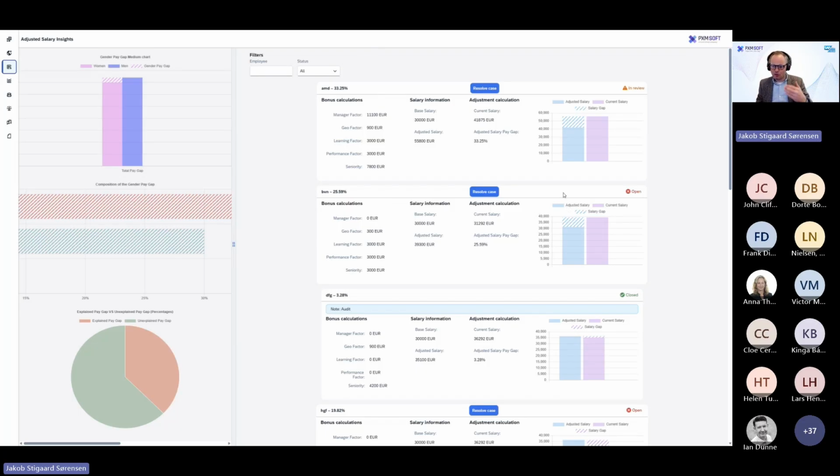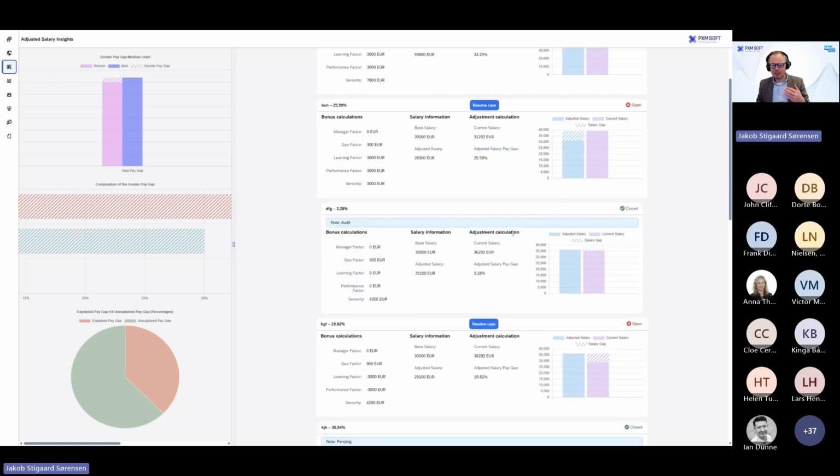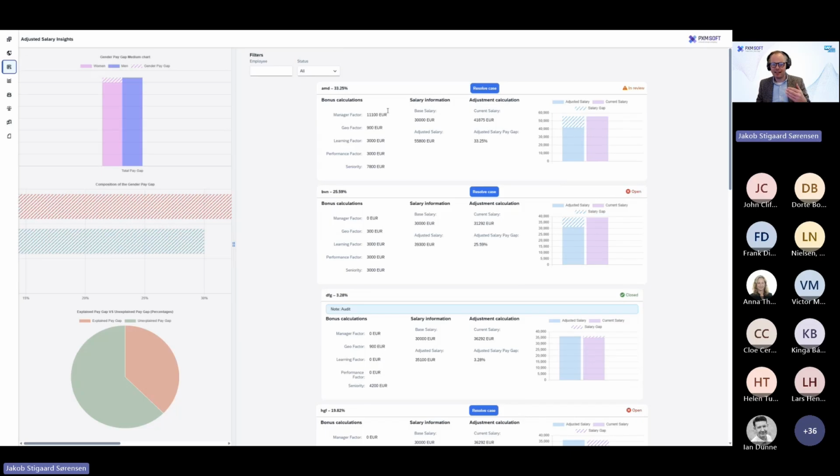The way that you then go about executing on these activities is that you need to look at each of the cases. You have open cases, you get the insights, you see the numbers.